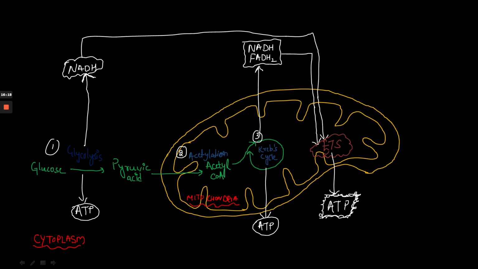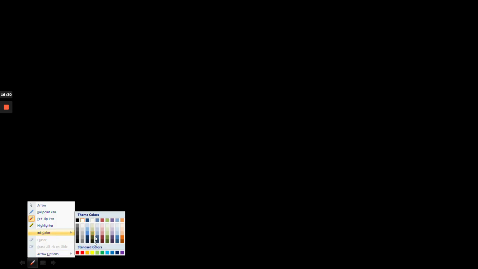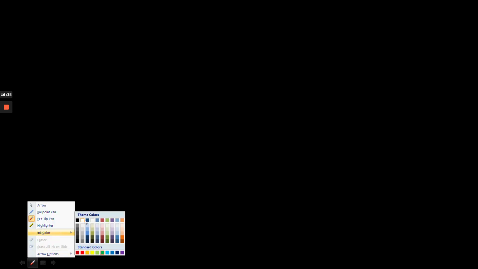So the end product of glycolysis was pyruvic acid. Now the next step is the acetylation reaction or the link reaction.